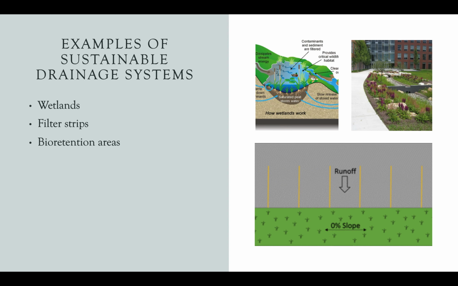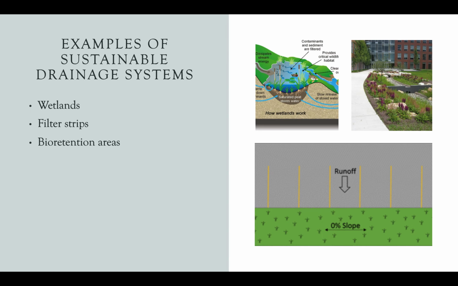Some examples of sustainable drainage systems. The first is wetlands. A wetland is a natural filter for runoff. It also has the effect of removing pollutants, as well as slowing down runoff, which reduces erosion. The picture on the top left exemplifies how a wetland works.